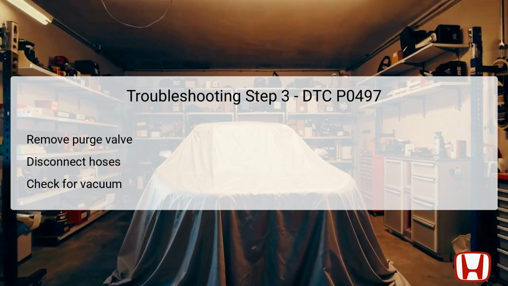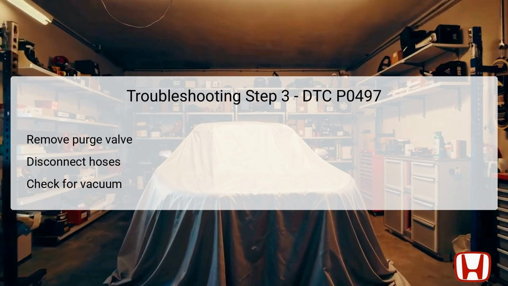At this point, you'll connect a T-fitting along with the vacuum gauge and vacuum pump to the purge line. It is essential to apply about 2 kilopascals, 0.6 inches, 15 millimeters of vacuum to check if it holds. Holding vacuum is necessary for proper operation.